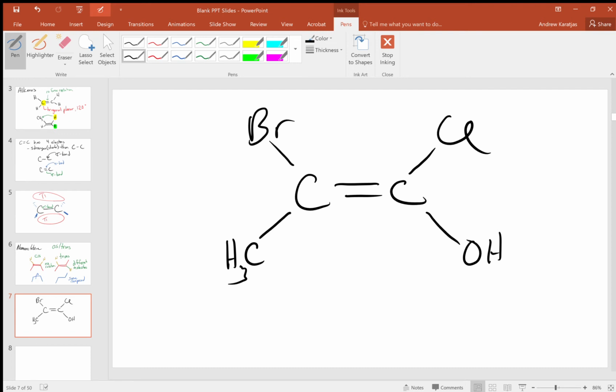And so we need another system of nomenclature that's going to let us name the geometry on one like this. So what we use is known as the EZ system.